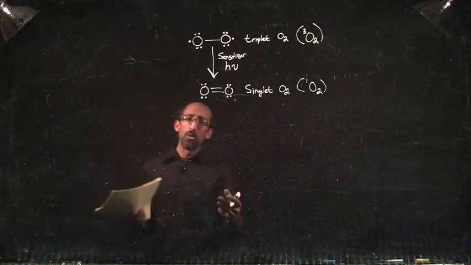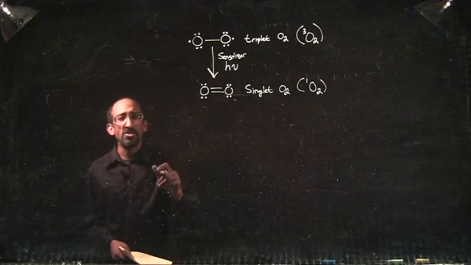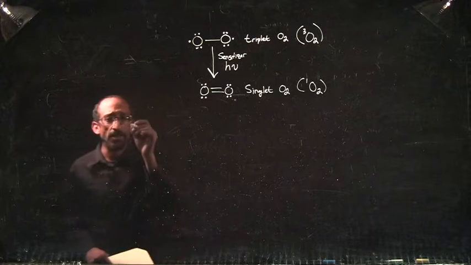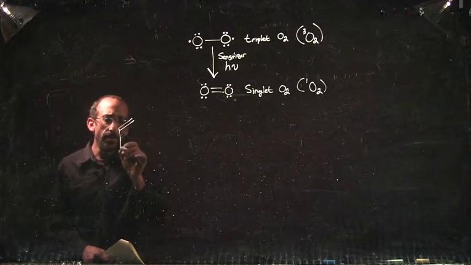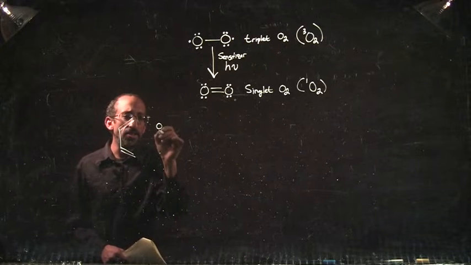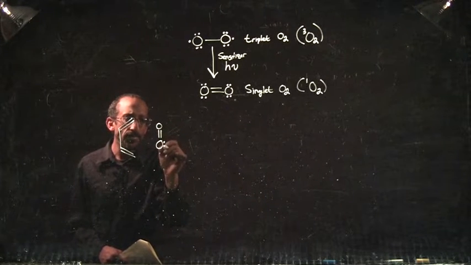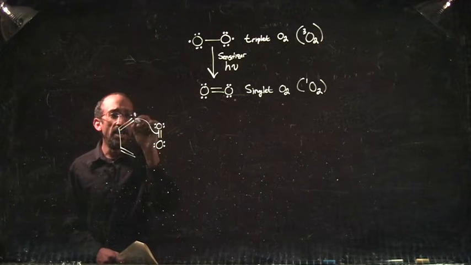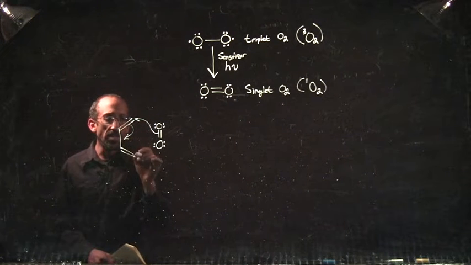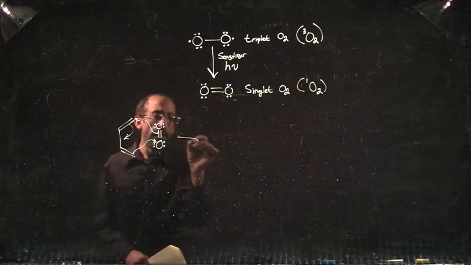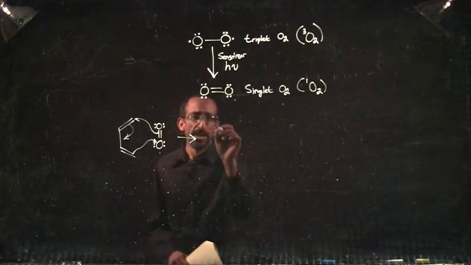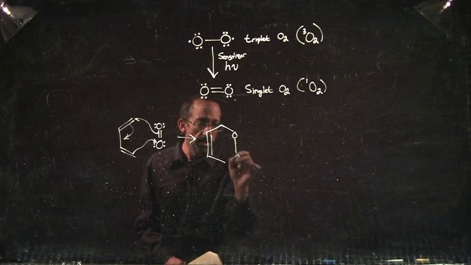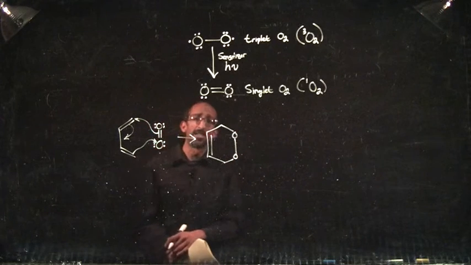And the chemistry that I want you to know from this is singlet oxygen reacting as a dienophile in a Diels-Alder reaction. So if I take a diene and my singlet oxygen, these 2 molecules can undergo a Diels-Alder reaction just like we've seen before in a previous video lecture, to give us this type of a peroxide molecule.